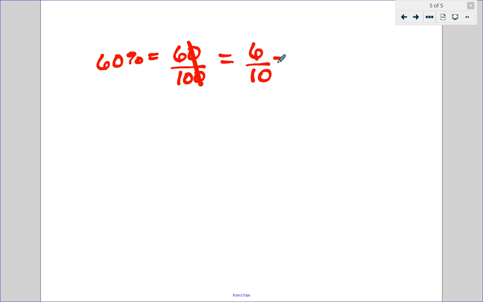Now, I know they can each be divided by 2 because that's an even number, that's an even number. So I divide them by 2, and then I end up with 3 on the top and 5 on the bottom. And neither one of these have a number in common. They're both prime numbers, so there's nothing left to do. So 60% as a fraction would be 3/5 in its simplest form.